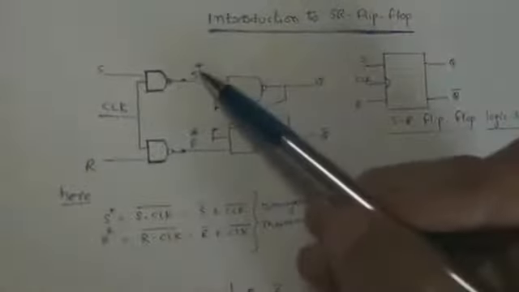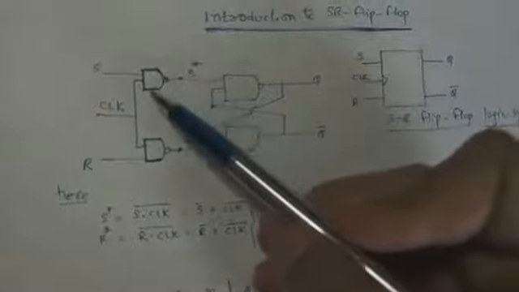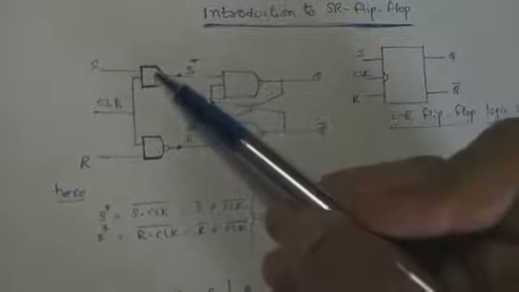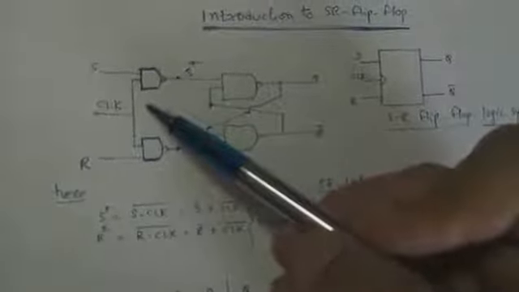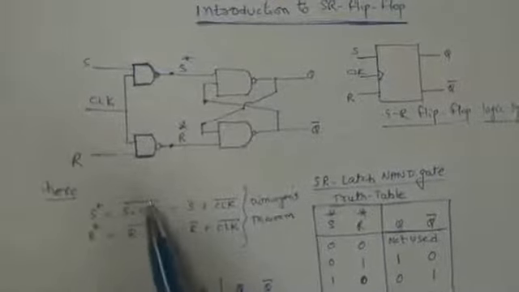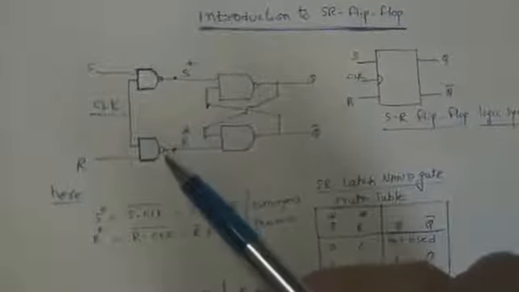Now from the circuit diagram you can note that the S star output is nothing but the complement of S into clock. That is what I have written over here: S star is the complement of S into clock. Similarly, R star is the complement of R into clock.